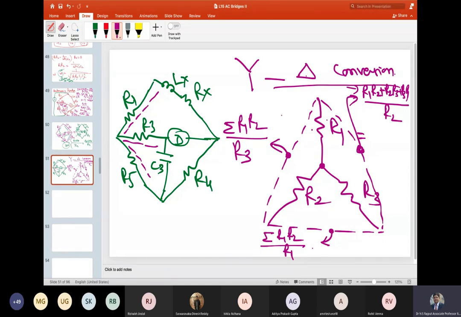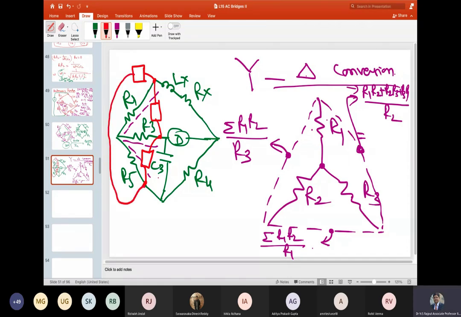So accordingly, your delta conversion will be one arm will become this to this, another arm will become this to this, and one more arm will become across this, right?